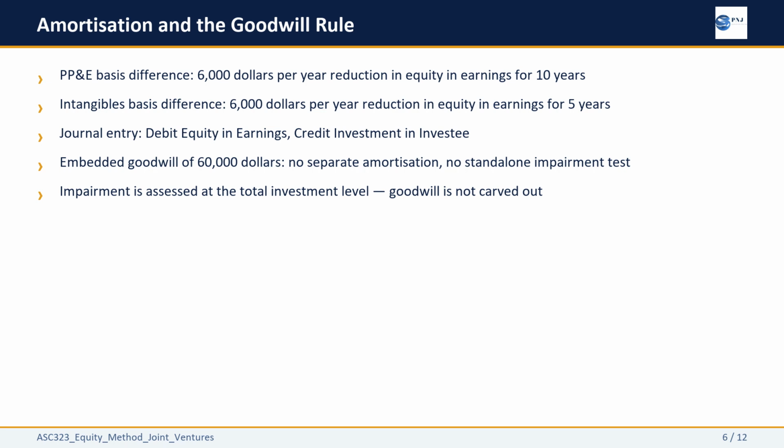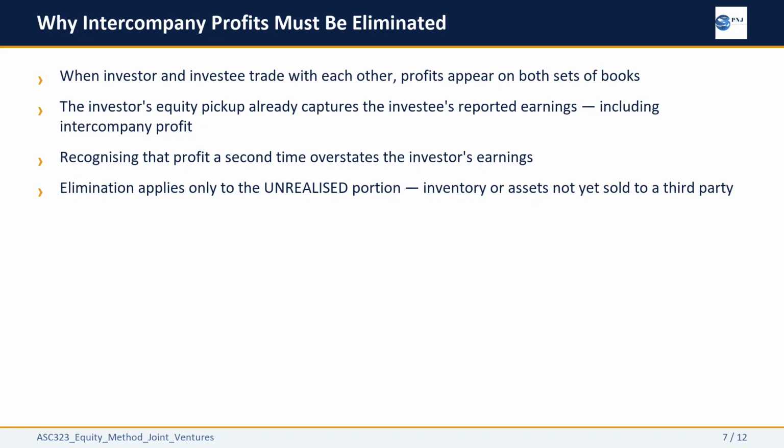Now we shift from basis differences to the second major adjustment, intercompany transactions. Here is the core problem. Your investee sells goods to your company, books a profit, and you pick up your share of that profit through the equity method. But the inventory is still sitting in your warehouse. No third party has paid for it yet.